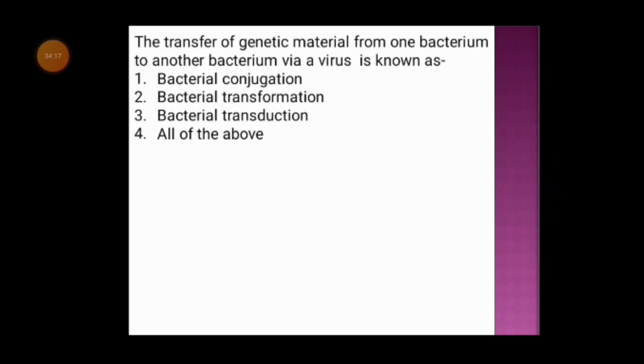Next question. The transfer of genetic material from one bacterium to another bacterium via a virus is known as option 1 bacterial conjugation, option 2 bacterial transformation, option 3 bacterial transduction, option 4 all of the above. And the correct answer is option 3, bacterial transduction.